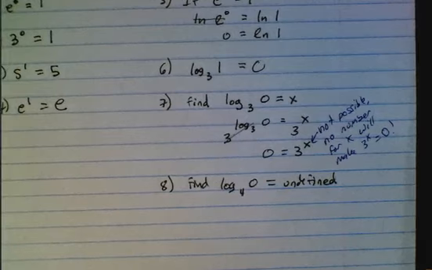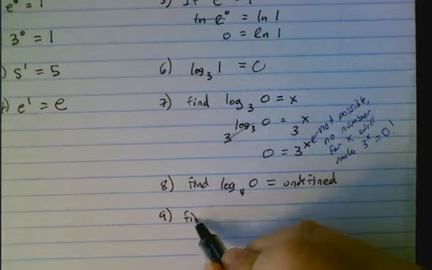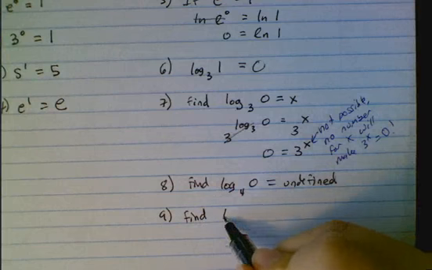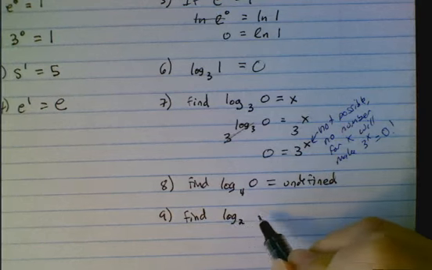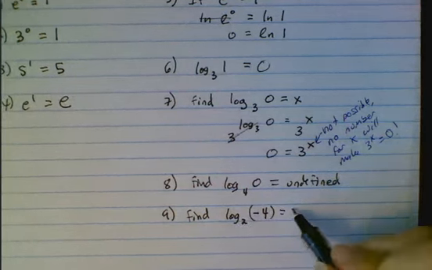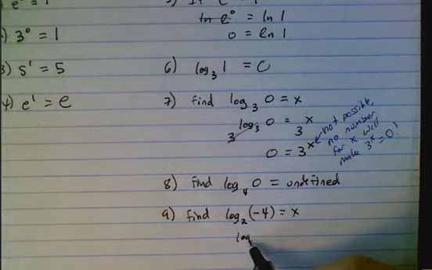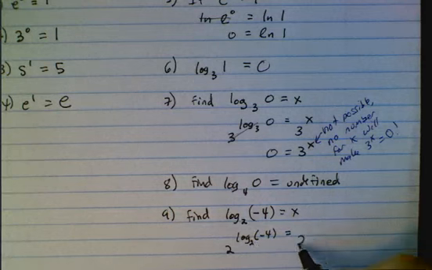The same logic holds for finding the logarithm of a negative number. Let's say that equals x. Well, we can undo this log base 2 by doing 2 to the power of both sides.